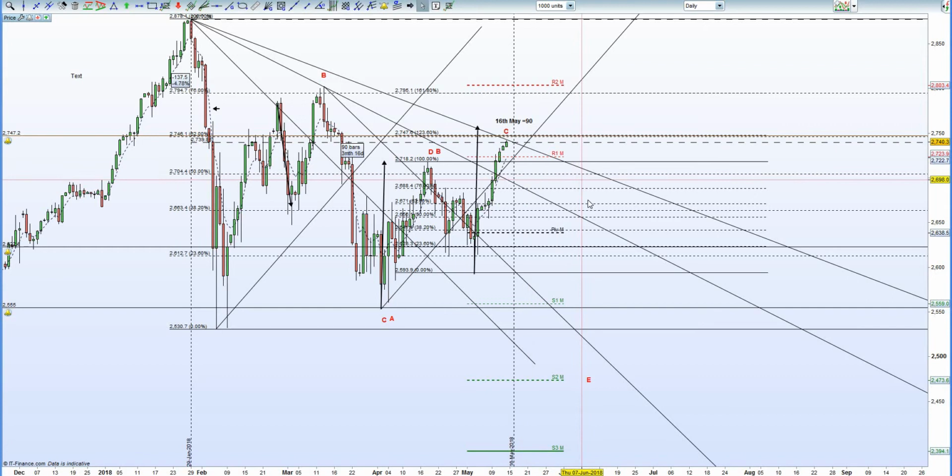Now, these are never equal in length. They can overshoot or they can undershoot. As I said, once again, I'm looking at the area of 27.40 as a major area of resistance.